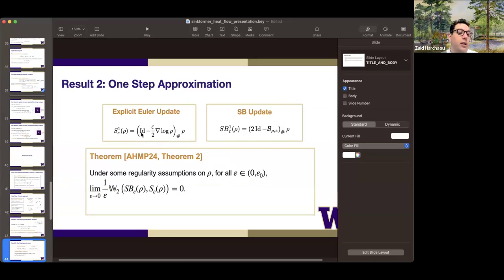The downside of the Euler discretization is that it requires knowledge of the gradient of the log of rho. But one thing that is great with the Schrödinger bridge is that it bypasses the issue of knowing the score and gives you the same level of accuracy of approximation of the process as the Euler discretization.